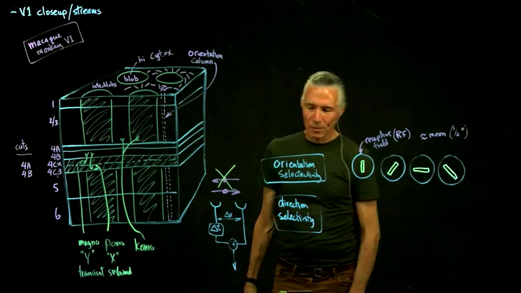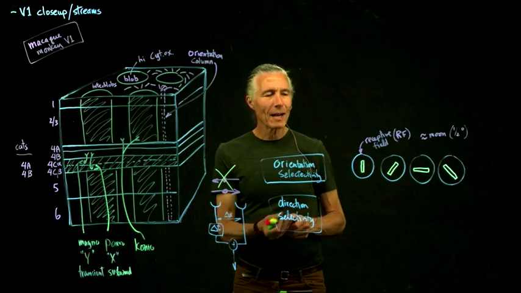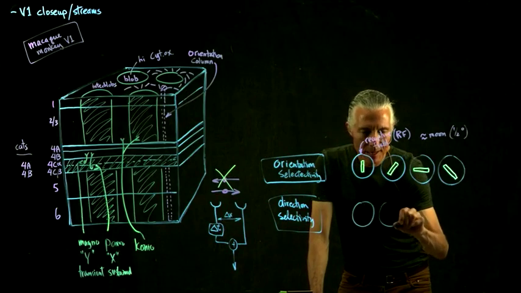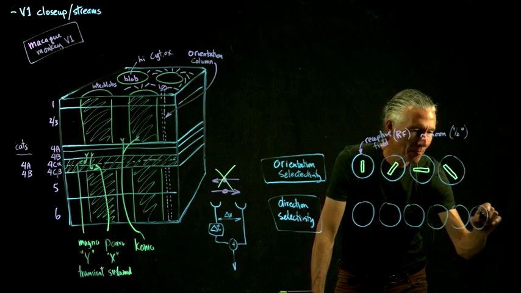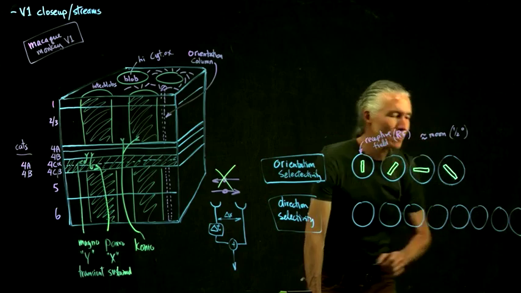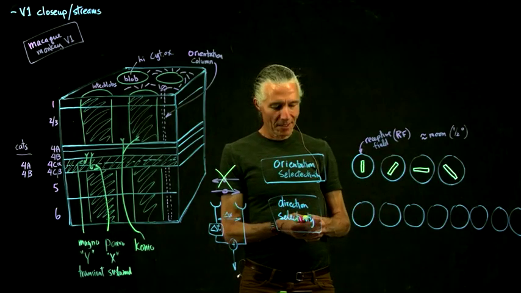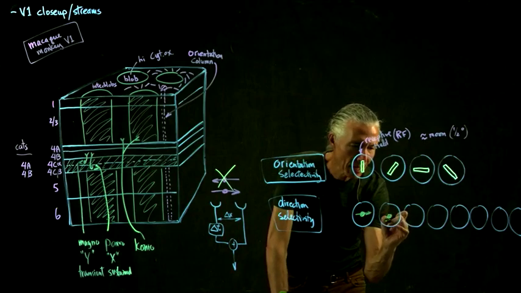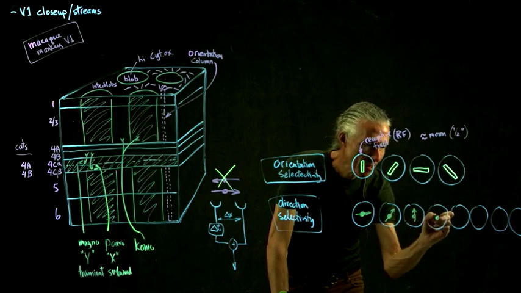So how do you test for direction selectivity? You could use a bar, but you can also just use a little spot. So we could just use a little moving spot. But now there's a problem. There's more directions than orientations. We've got twice as many directions as we have orientations. So let's just do it with a little spot. You could move the spot in that direction, and then move the spot in that direction, and then move the spot up, and then move it in that direction.